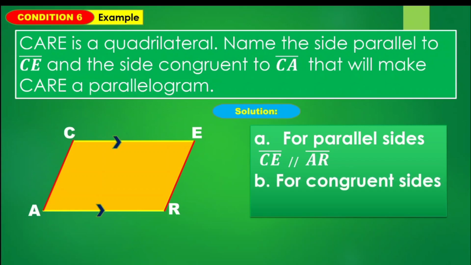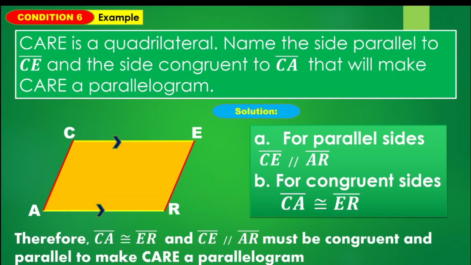And for the congruent sides, segment CA is congruent to segment ER. Thus, CA must be congruent to segment ER and parallel to segment AR for us to say that CARE is a parallelogram. Understood?